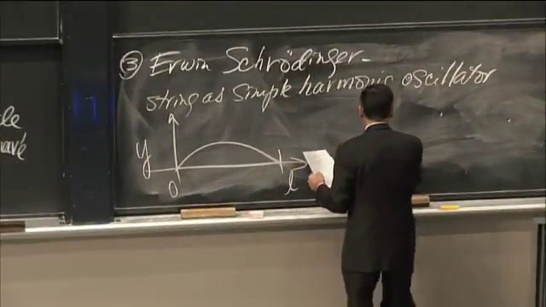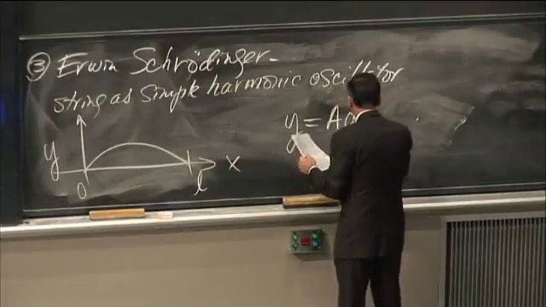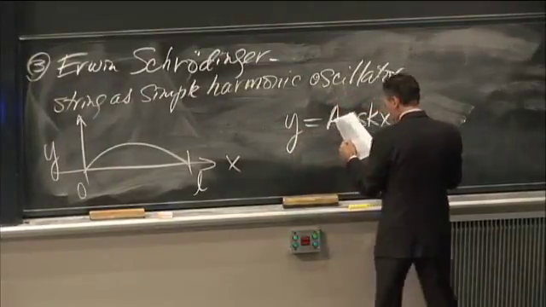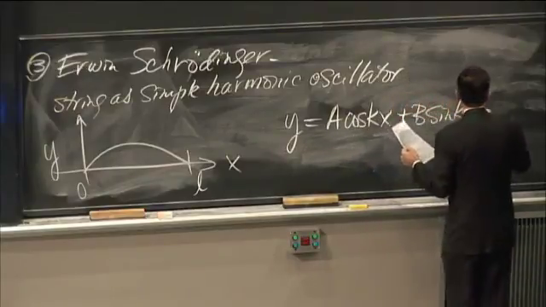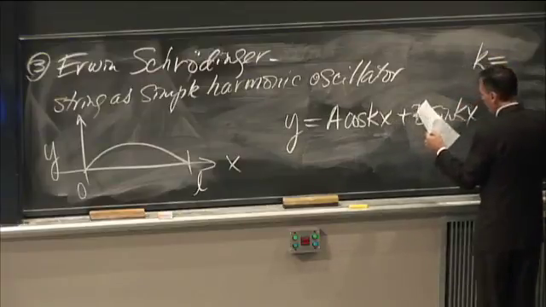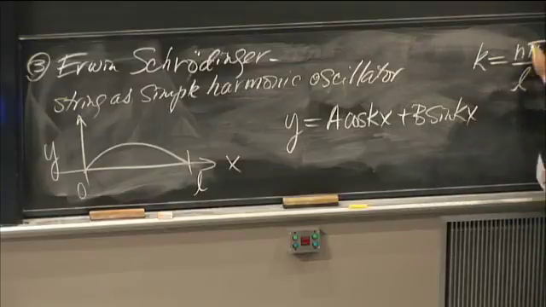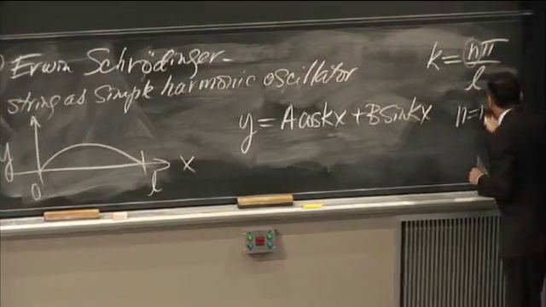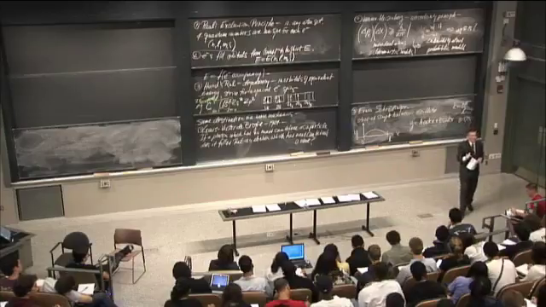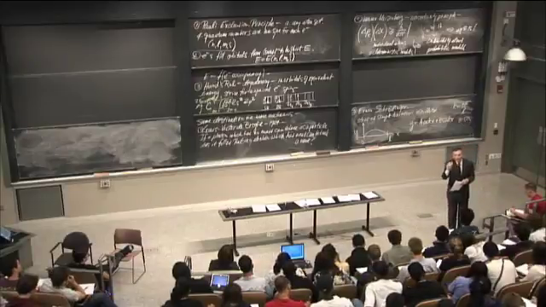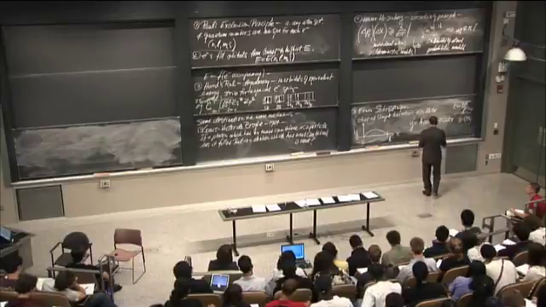So the function will look like this: some pre-multiplier a times cosine of kx plus another pre-multiplier b times the sine of kx. And the geometry will dictate that the value of k is n pi over L. So pi over L is the geometry, and n takes multiple values. Just as you see here, there's not a unique solution. So listen carefully. Wave equation, plurality of solutions, but subject to some constraints.